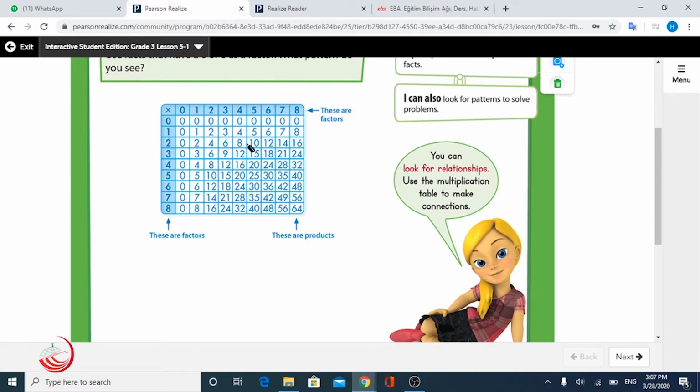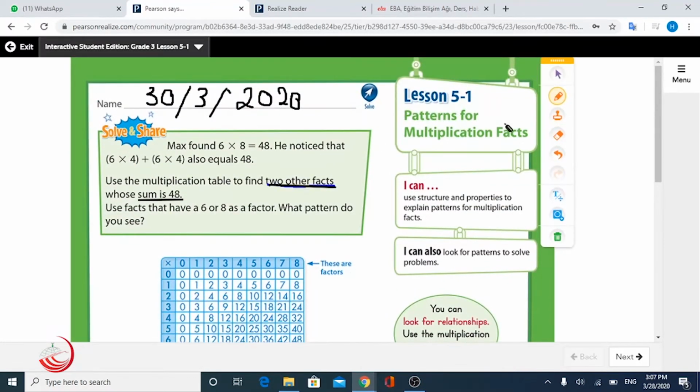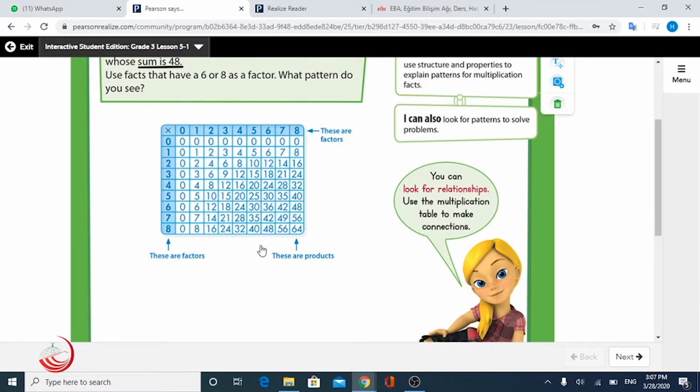Let's move to another example. Let's look for 2 times 5. Where can I find 2 times 5? How can I read it from the multiplication table I have in front of me? 2 is the first factor, so I look at the rows. 5 is the second factor, so I look at the columns.